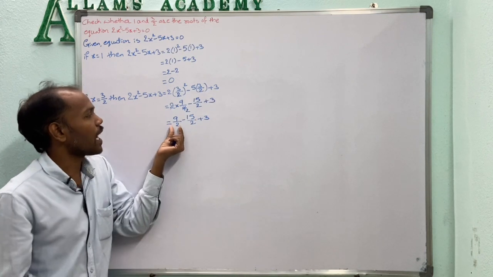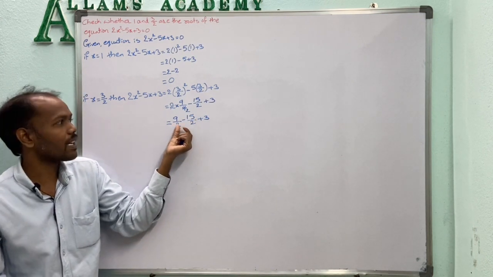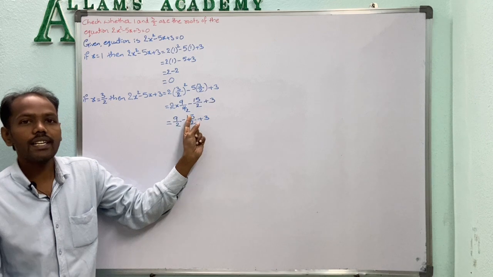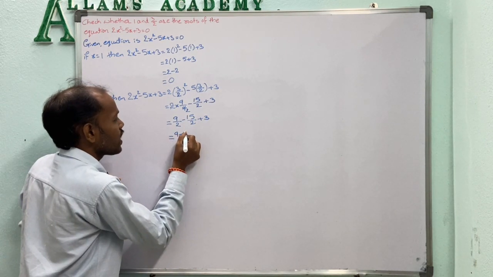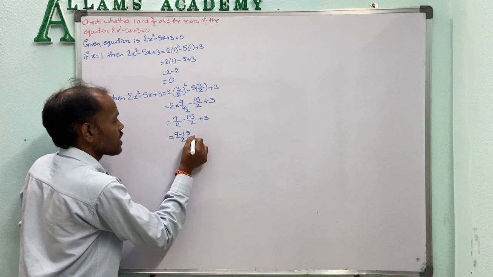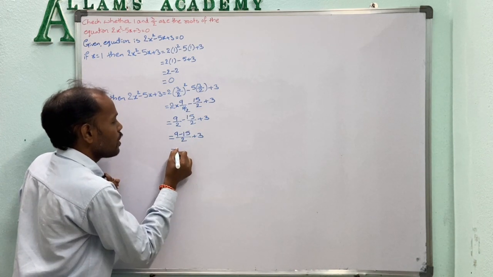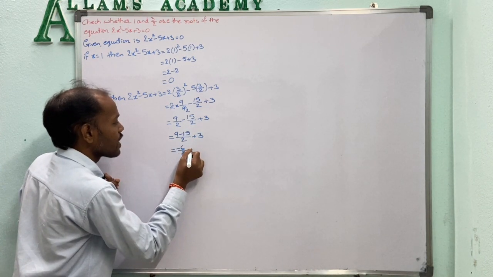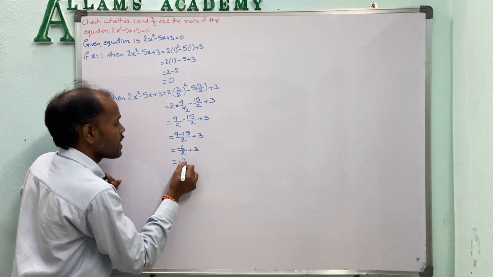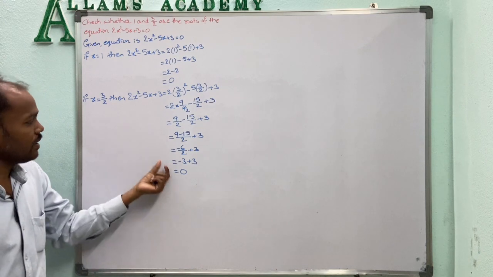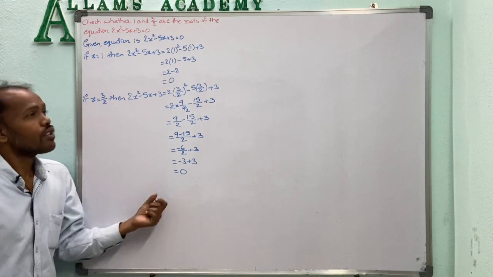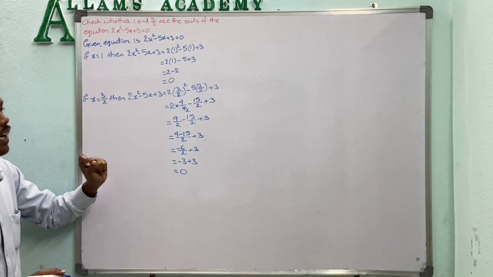Now here 9 by 2 minus 15 by 2 are like fractions, so directly subtract the numerators. 9 minus 15 is nothing but minus 6. Minus 6 by 2 means that is minus 3. Minus 3 plus 3 equal to 0. So here also we get the result is 0. So now 3 by 2 is also a root.